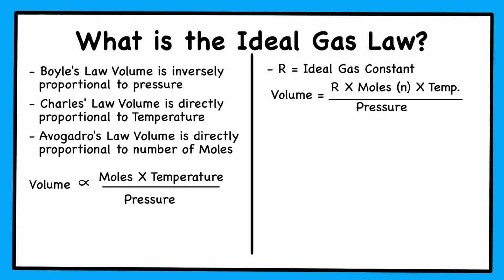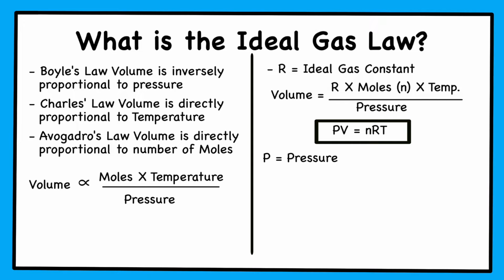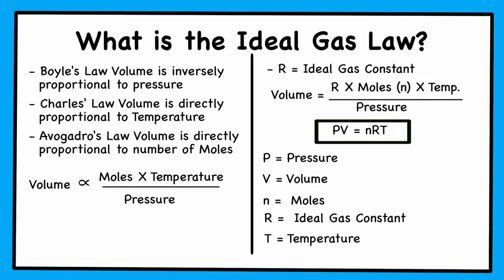If we rearrange this equation, we get the ideal gas law of PV equals nRT, or pressure times volume equals moles times ideal gas constant times temperature. The numerical value for our ideal gas constant is always going to be 0.08206 liters times atmosphere over moles times Kelvin.